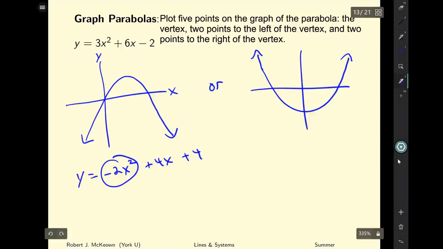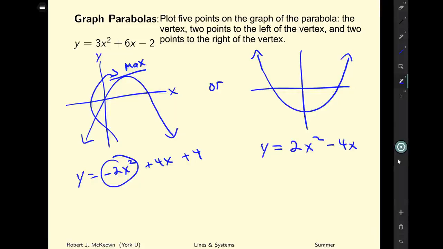And when this is negative, we're going to get a max up here. The one on the right could be something like 2x squared minus 4x, and it looks like, oh, maybe -4. Something like that, and where if this term is positive, this is going to be a min.